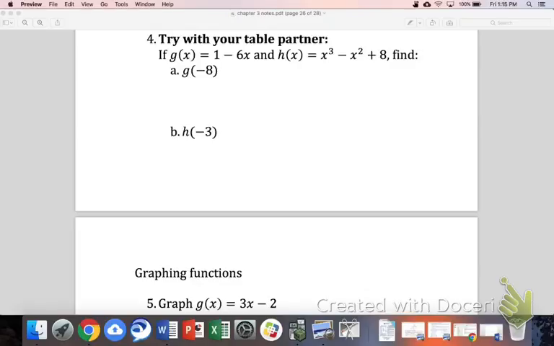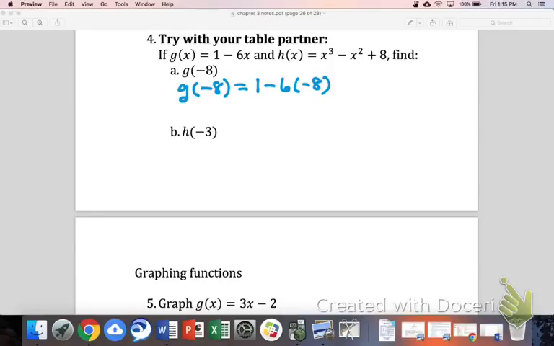So in A, it says we're talking about the g function. We're not talking about f or h. It does say g of -8. So that means for A, we are talking about this function right here. So that's the one I'm going to use. So g of -8 means make the input -8. So this would be 1 minus 6 times -8. The input for x is -8.